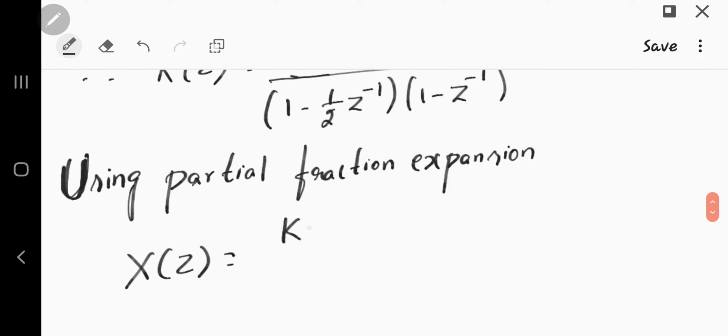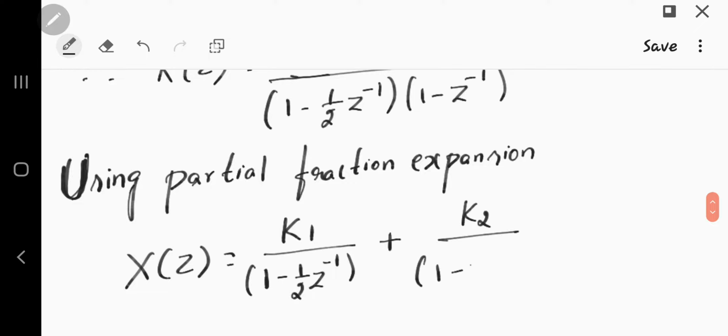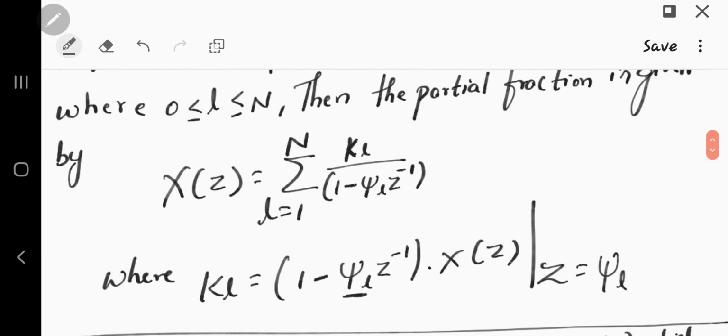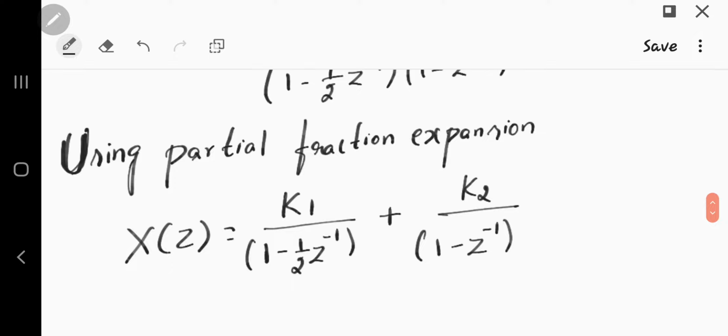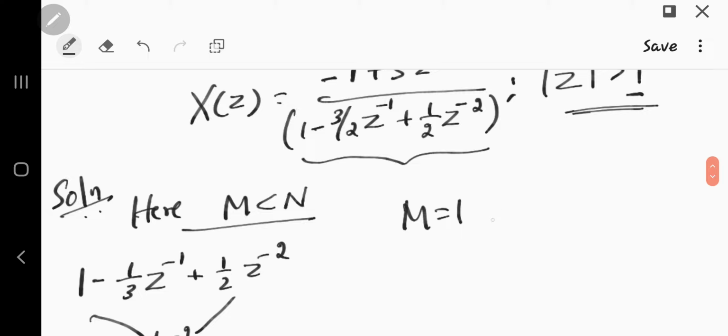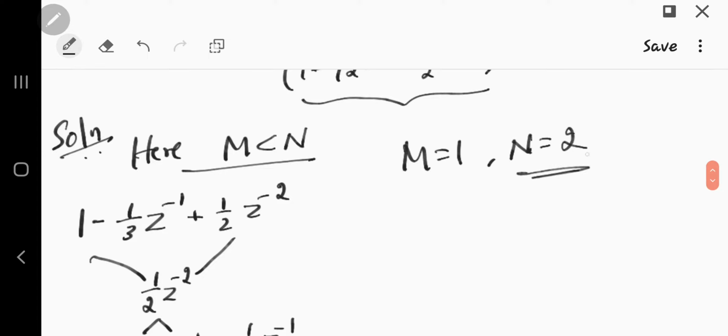I will write this as k1 divided by 1 minus 1 by 2 z inverse plus k2 divided by 1 minus z inverse. And if you come to this part here, you can see this kl divided by 1 minus psi l z inverse, where l is equal to 1 to n. And here if you observe, we have m is equal to 1 and n is equal to 2.